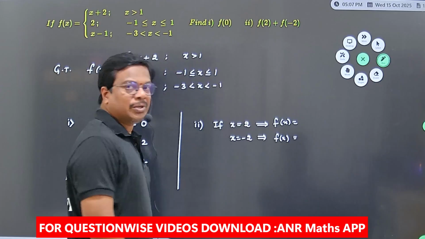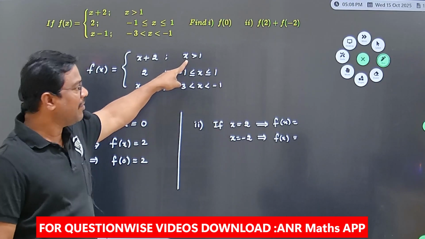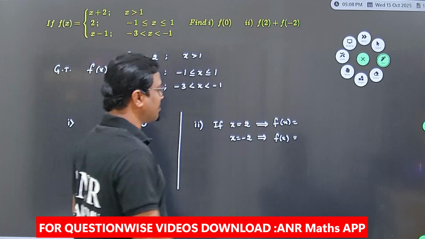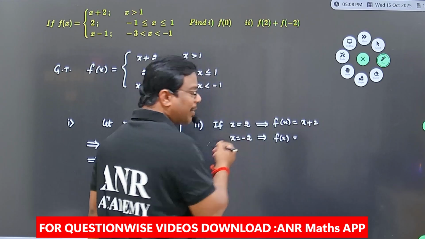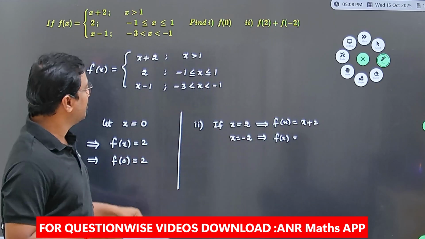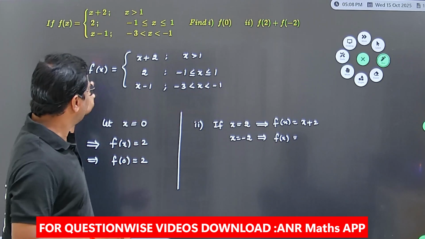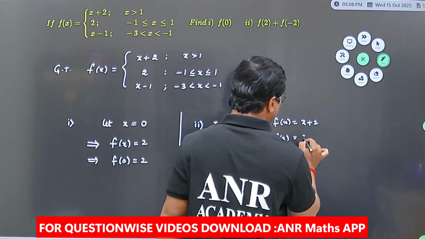When you have input positive 2, that is clearly more than 1. In this case, you have to select the function as x plus 2. When input is negative 2, -2 always lies between -3 and -1, and for this you have to choose the function f of x as x minus 1.